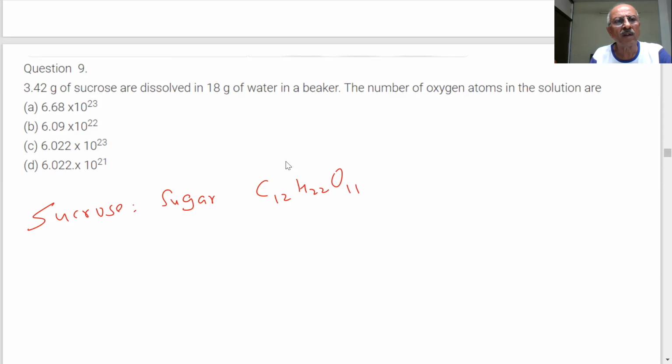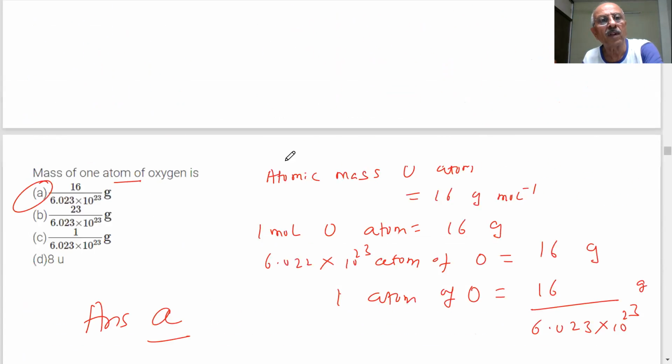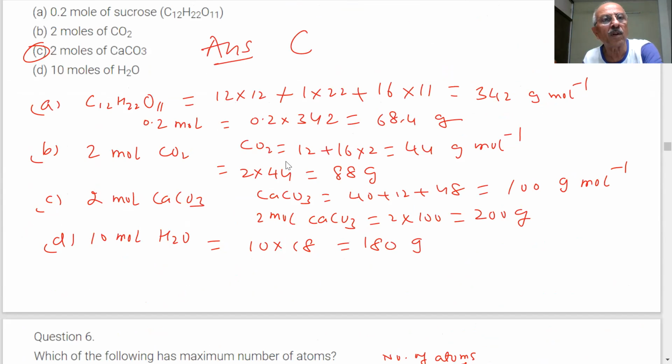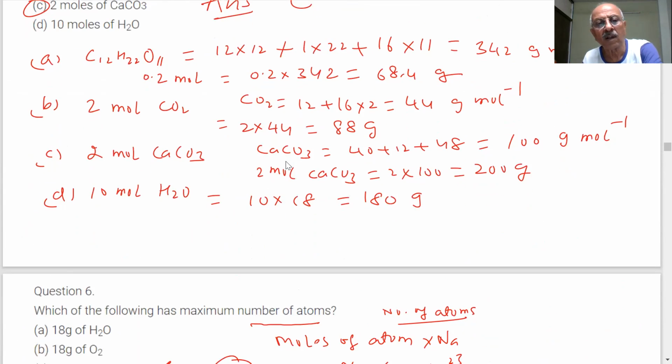Yes, they have given in one of the questions on sucrose, C12H22O11.